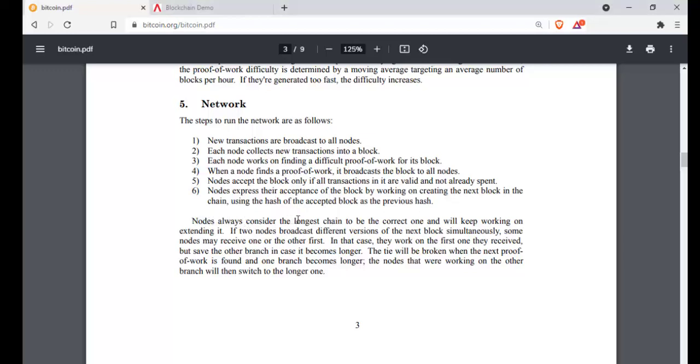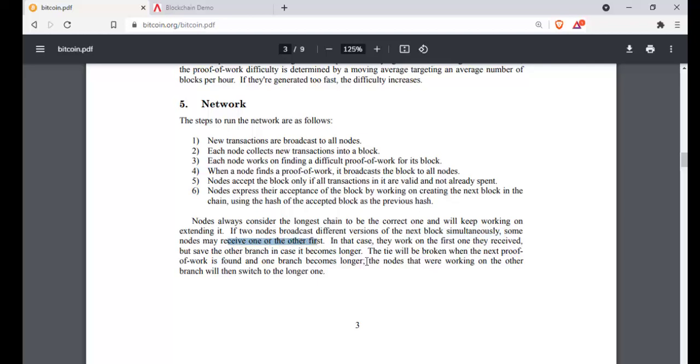Transaction 1, transaction 2, like that. It keeps on forming chains, okay? So if the first person, or whoever the two or three people were, that found the proof of work first, remember they are looking for the proof of work, so if they find the proof of work first, remember the next, they will run what? Simultaneously, okay?